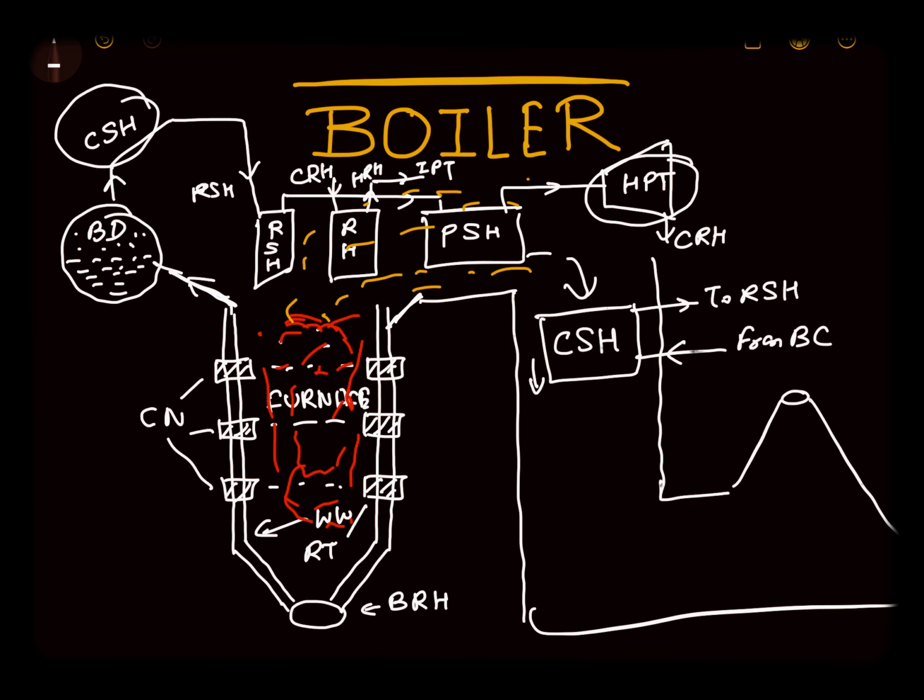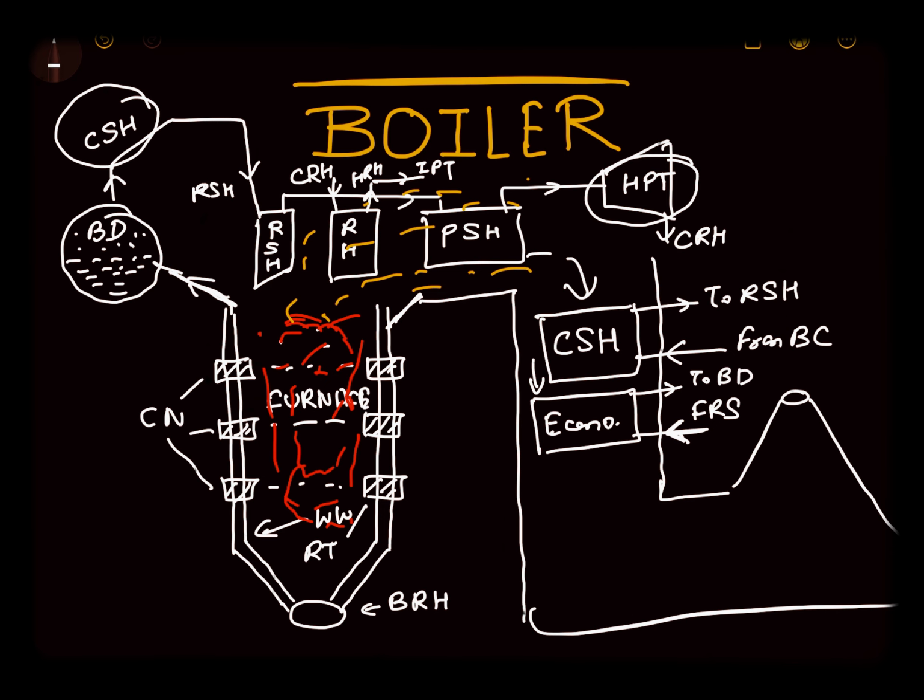Then again these flue gases come to the economizer, and in this economizer, the feed regulating station, FRS, injects the water which we have to make into steam, that goes to the economizer, and in the economizer, with the help of the flue gases, its temperature gets increased, and then from that economizer, that hot water is thrown to the boiler drum.